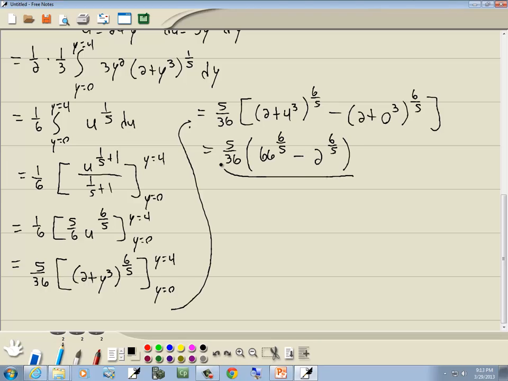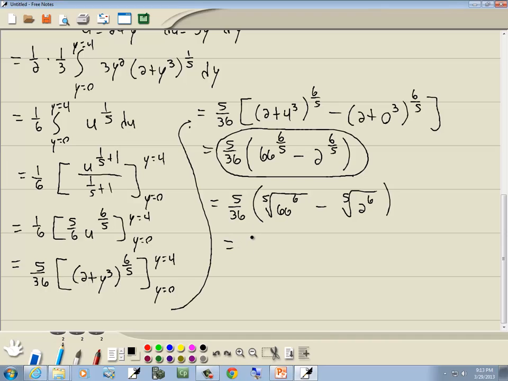Now you could leave your answer that way if you want. If you want to put it back in the radical form, what it becomes is the 5th root of 66 to the 6th power minus the 5th root of 2 to the 6th power. Whatever number's up on top, your numerator, goes inside as a power, and whatever number's on the bottom, your denominator, goes in the slot, your index.